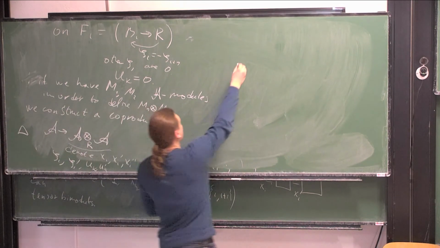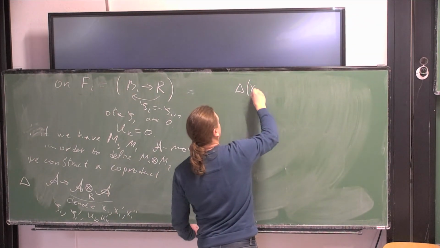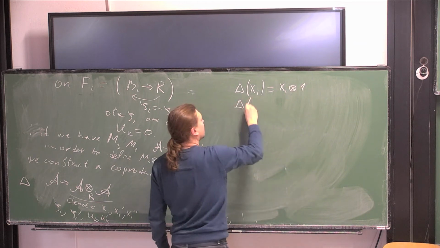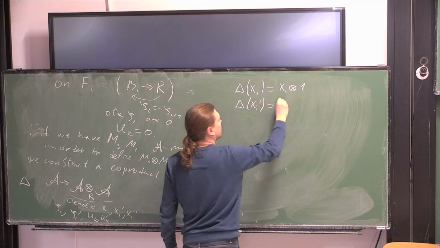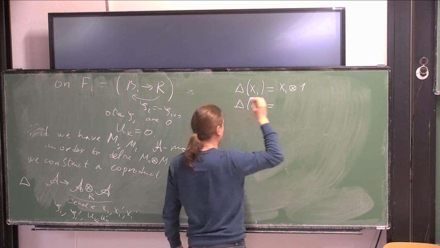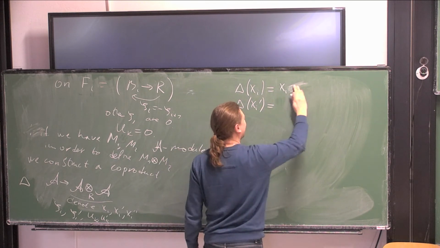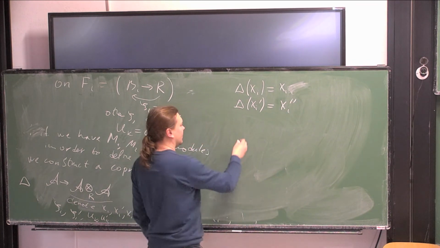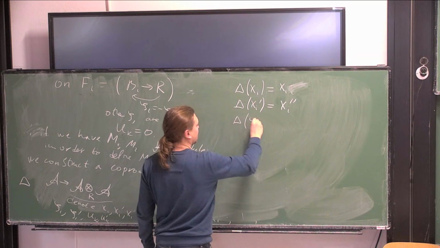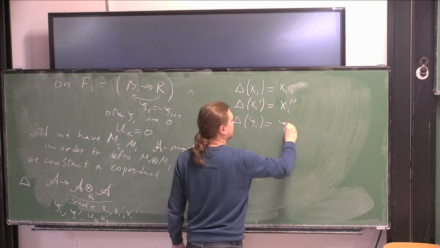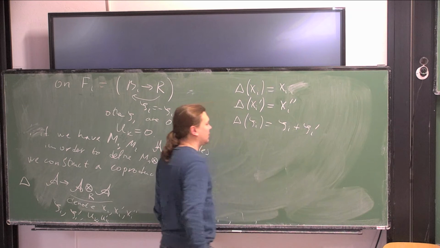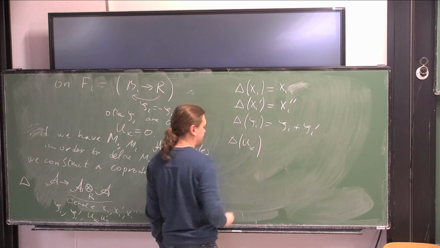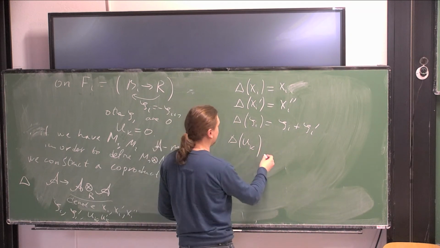So the I is simply xi. Oh wait, sorry, I have to, it's this one. Then the interesting part is U, and there is some nice choice too.